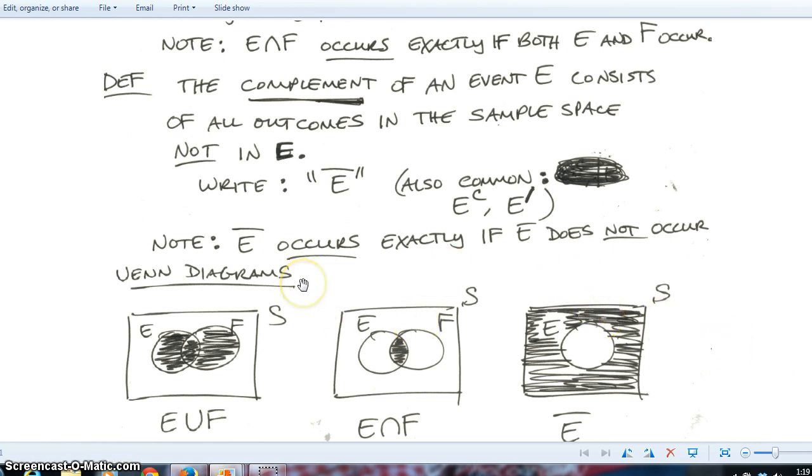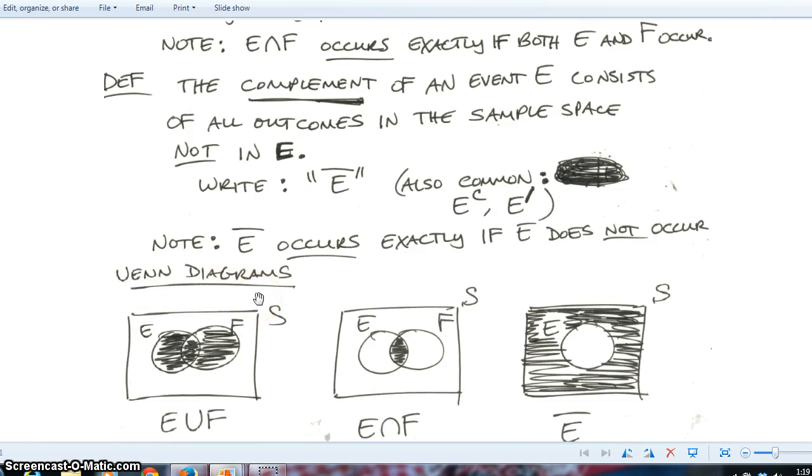So, we can draw some pictures that represent each of these three. And these are what are called Venn diagrams. A Venn diagram is a way of showing the relationship between different sets. If you look at these two, for instance, the whole sample space is represented by this rectangle.